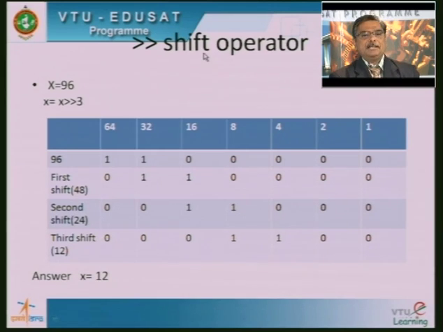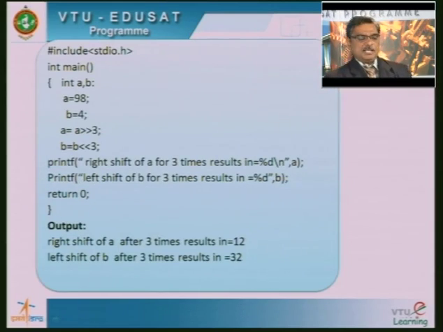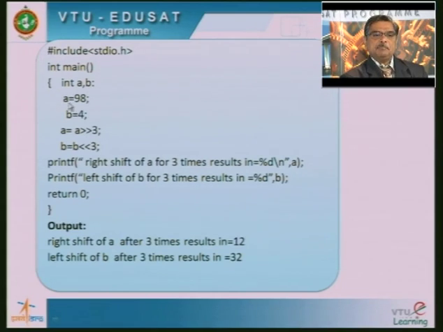Let us develop a program using these operators so that the usage will be clear. Here you observe int, as in a similar program, a and b, two variables you are declaring. a you are assigning 96, as you observed in the previous example, and b equal to 4. Then a equals a >> 3, resulting in a shifted 3 times, and b equals b << 3, shifted left 3 times.